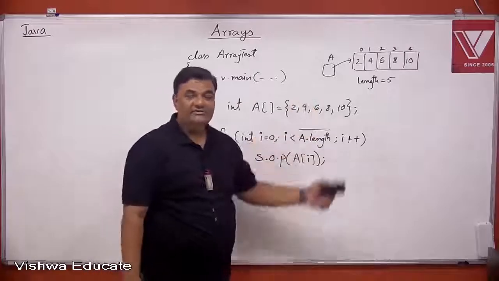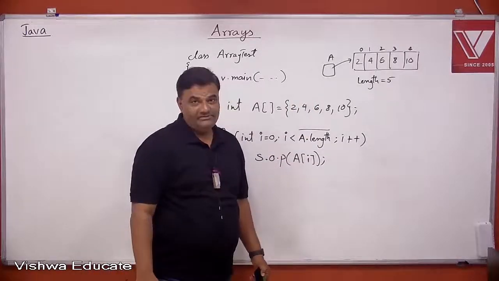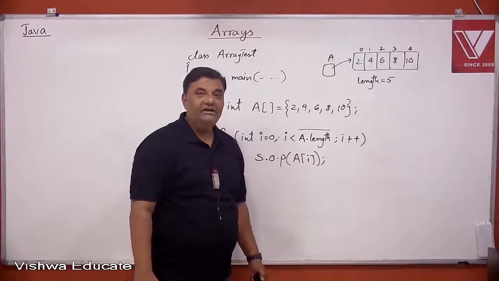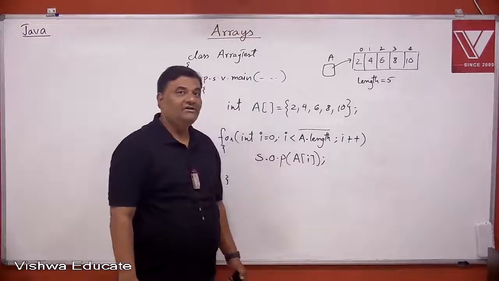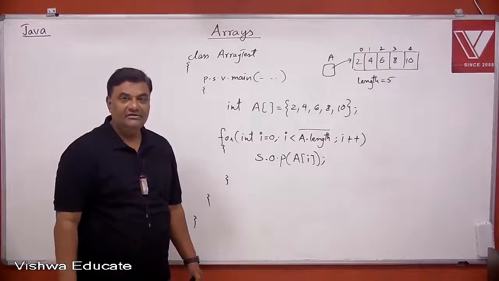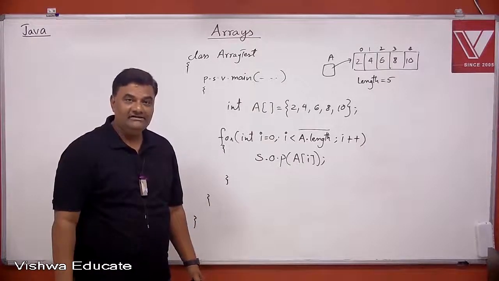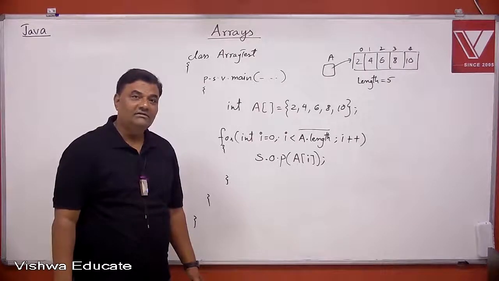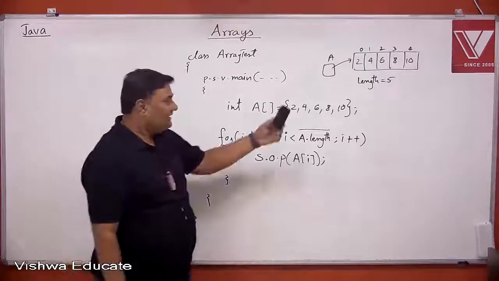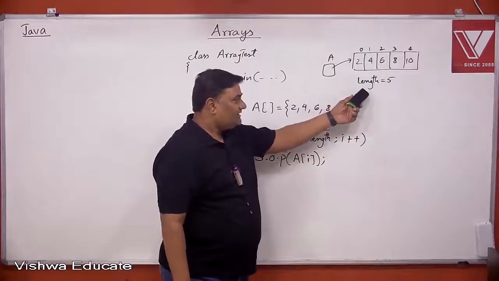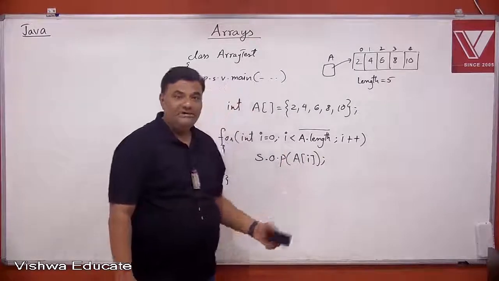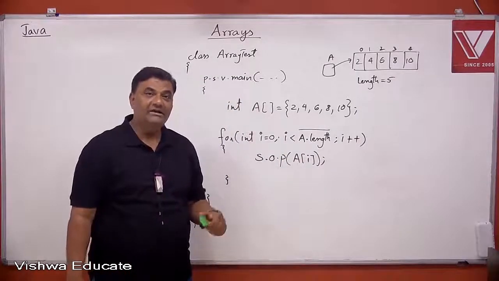So you can note down that an array is an object in Java, and an array object will have an attribute or property called length. That property can be accessed using the array name and the dot operator.